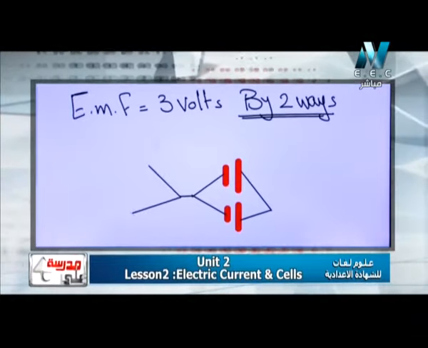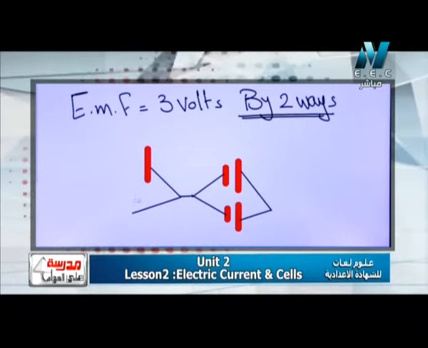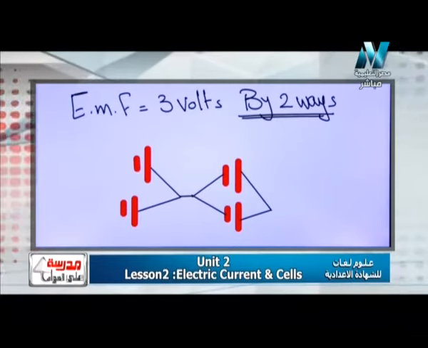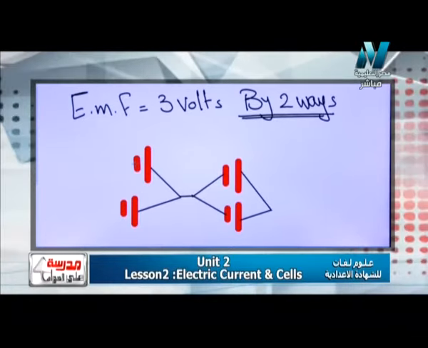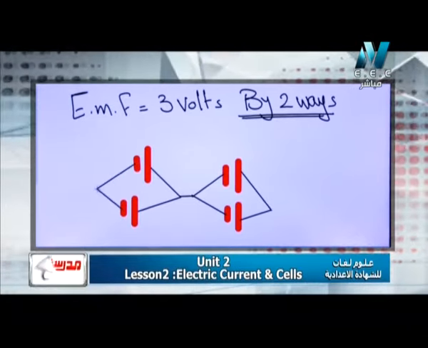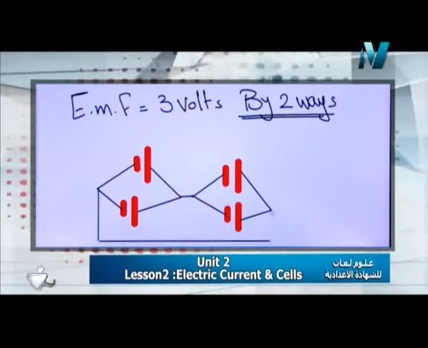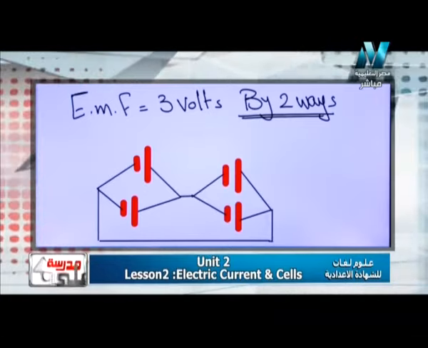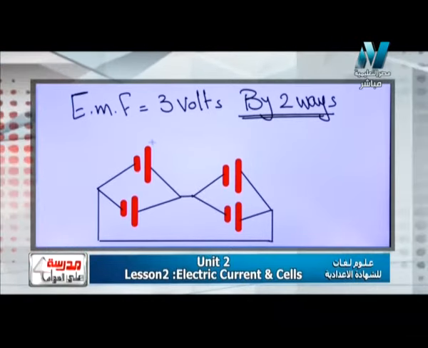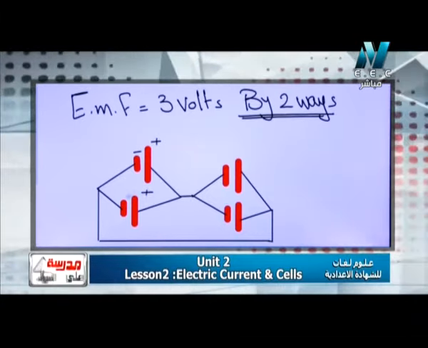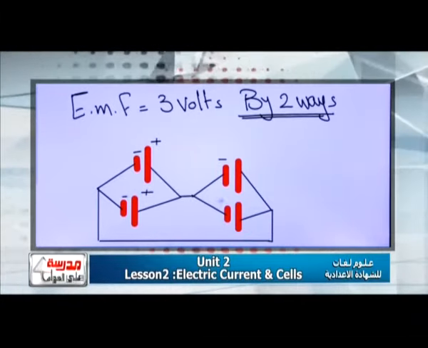Yes, equal 1.5. So 1.5 plus 1.5 equal 3 volts. So, dear students, the first way to connect, here we have positive, negative, positive, negative, negative, negative, and here we have positive, and here we have positive.